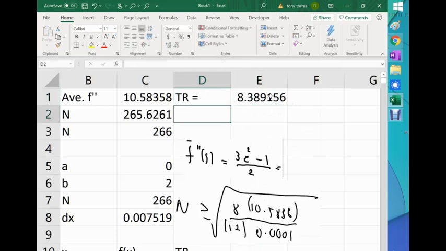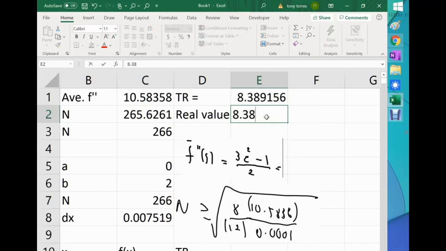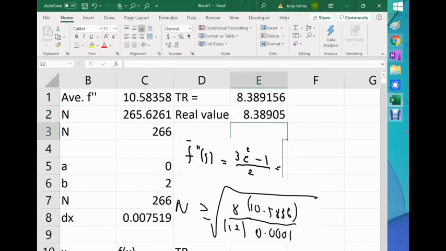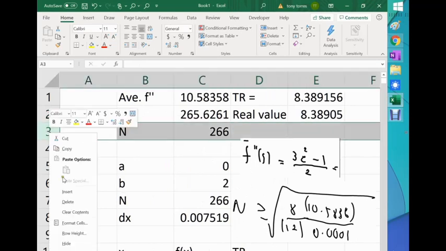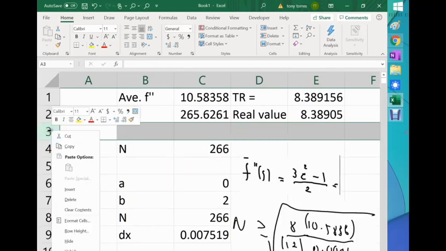The area was that one. Now the analytical result, or the real value, no problem. Real value, if you remember, that real value was 8.38905. Now I'll insert a row so that I get a little more space.